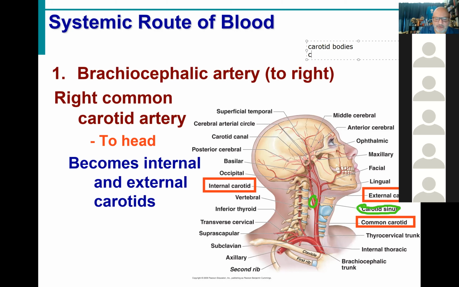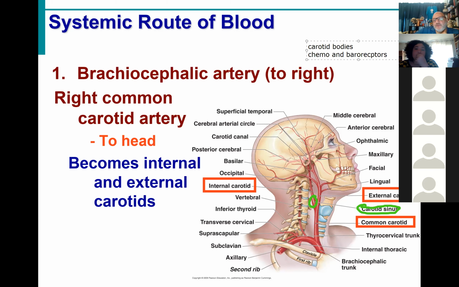These carotid bodies are actually chemo and baro receptors. What does that mean? What does a chemoreceptor do? It's a chemical receptor. Yeah, it's measuring the chemical composition of the blood. What does a baroreceptor do? Pressure? Measures the pressure of the blood.